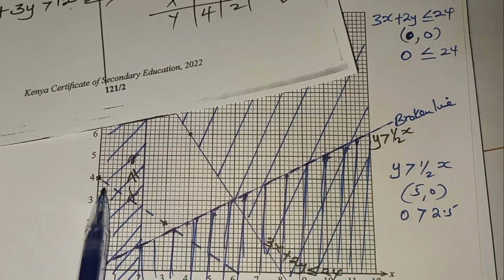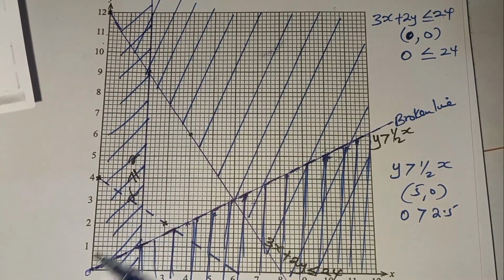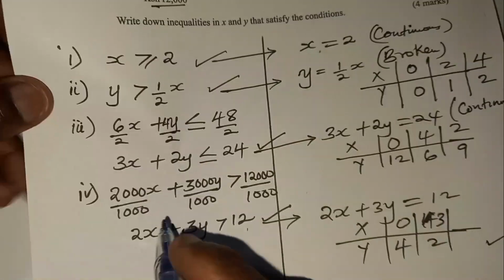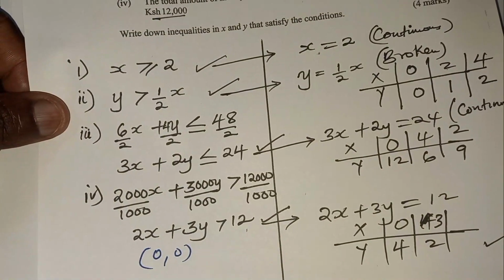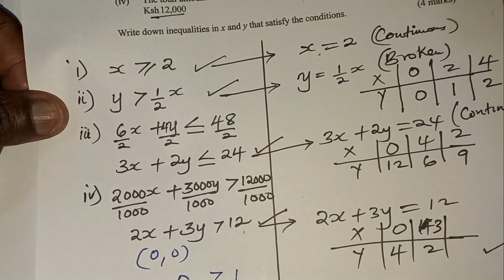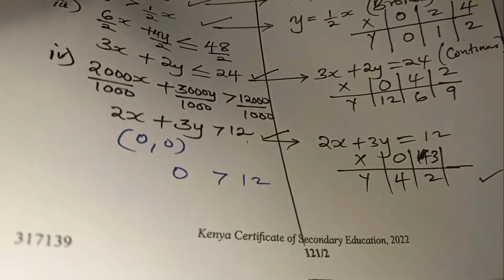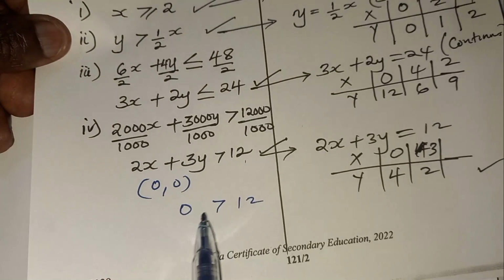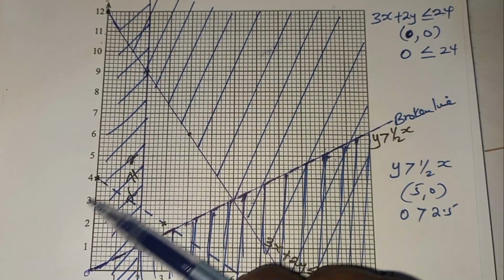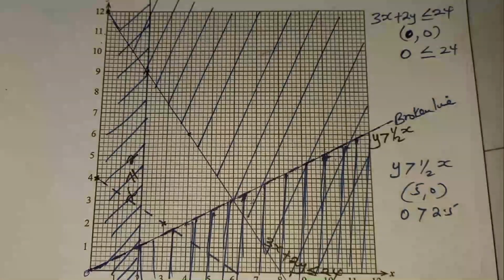So let me pick a point on this side of this line, 0, 0, and I test. When I substitute here, I get 0 is greater than 12. You can see 0 is not greater than 12. So this side where I've picked this point doesn't satisfy the inequality, and therefore it is the unwanted side.